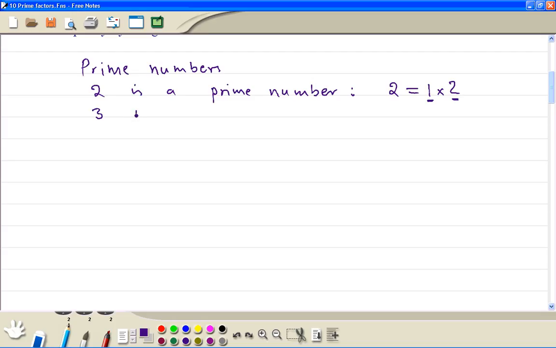Similarly 3 is a prime number because we can write 3 as 1 times 3. And 5 is a prime number, we can write 5 equal to 1 times itself.